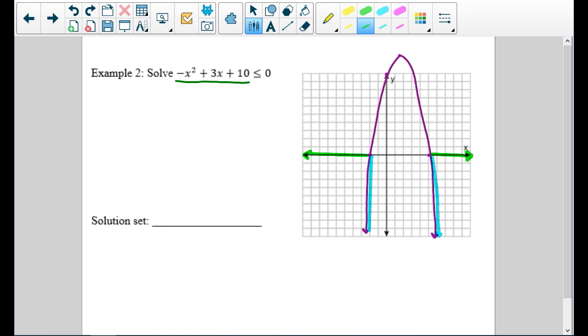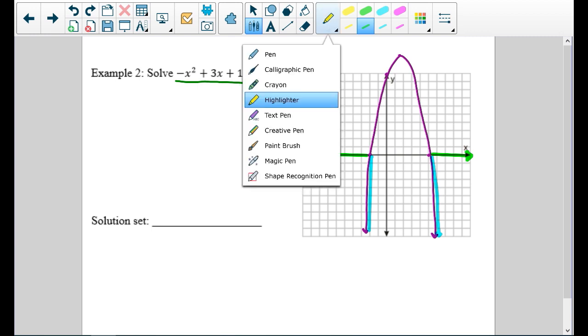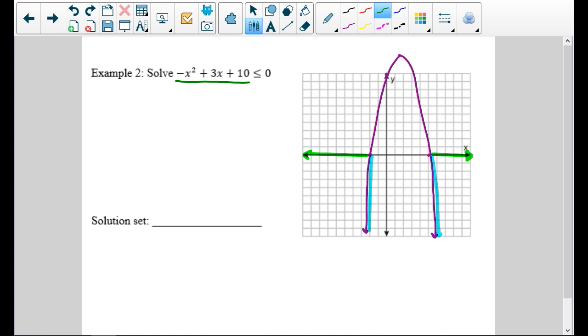So you can see now, and again, these x values, we had negative 2, 0 here and 5, 0 here. So those are my values that I'm looking at.